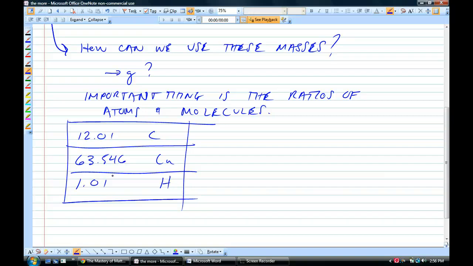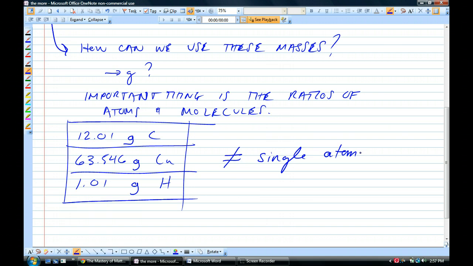But what we can do is a little trick. If I just slap a G on the end of these for grams, so in other words, now I'm talking about 12.01 grams of carbon, 63.546 grams of copper, and 1.01 grams of hydrogen, I no longer have a single atom, okay? That's clear, because I've just made these masses very large.